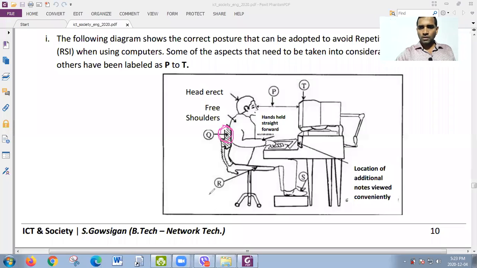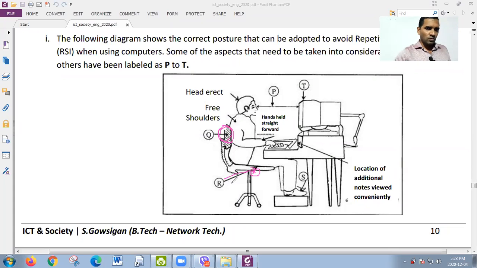Q. R. So look here, R towards this one. Here also the picture is not clear. We cannot exactly point, but it looks like the chair is at a proper height, because there may be a height adjustable facility there. So we can say that it is at the right, appropriate height.